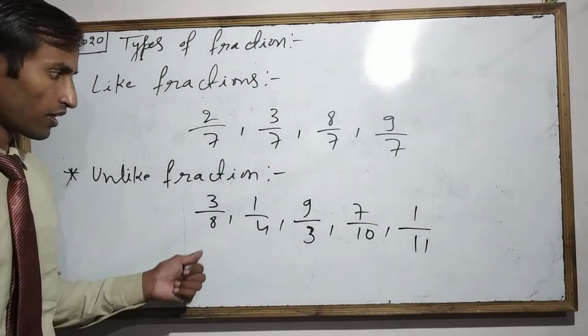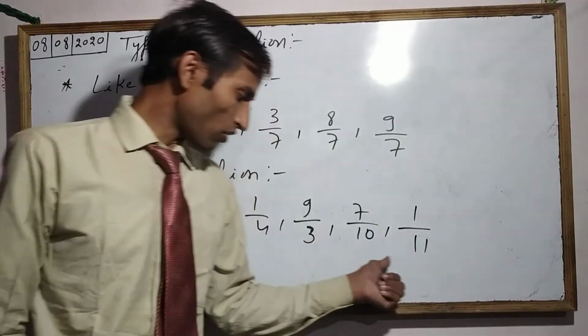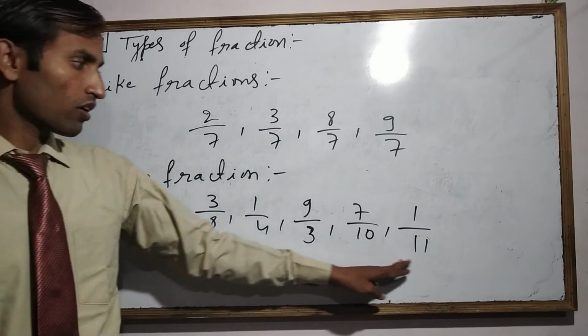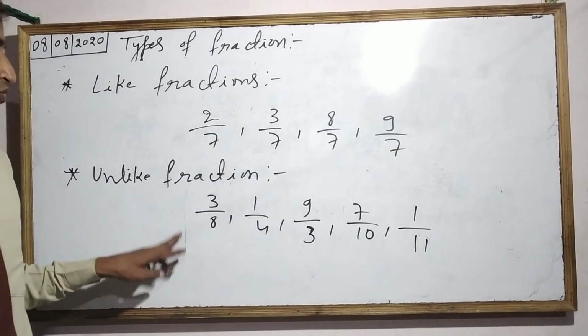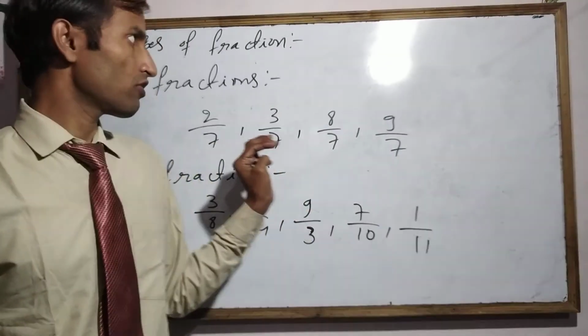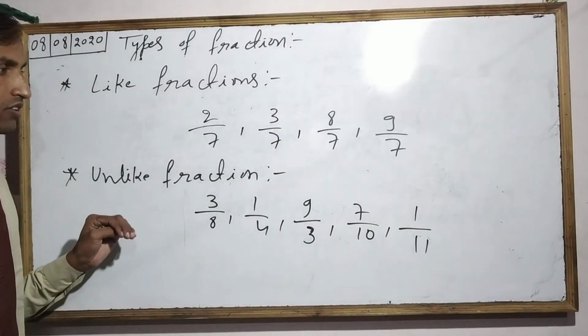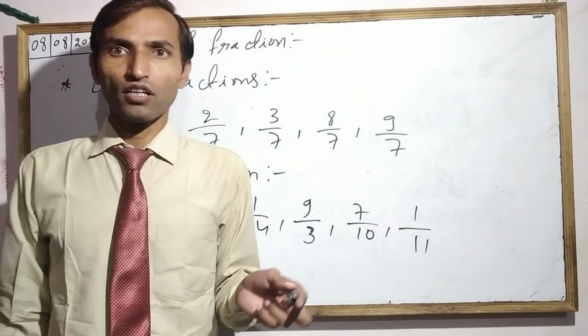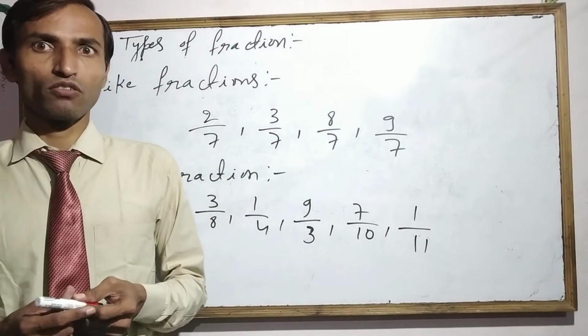Just see here, 5 fractions are given, but all have different denominators. So all will be called unlike fractions. Okay, for like fractions the denominator should always be equal, then we call them like fractions, otherwise not. Okay, that's all for types of fractions, and now we will go to the next topic, next class.